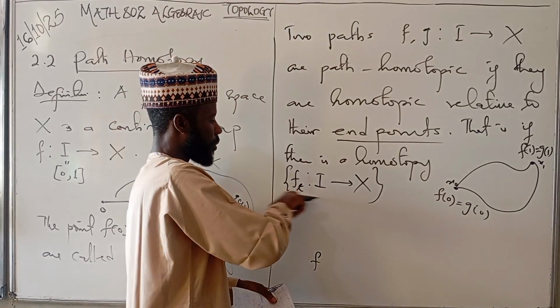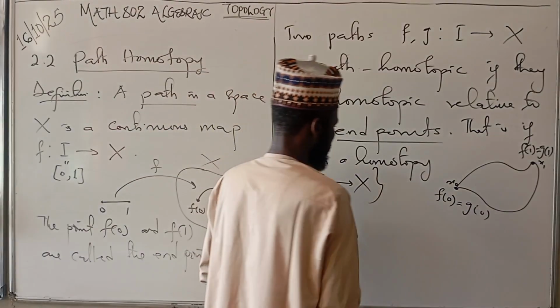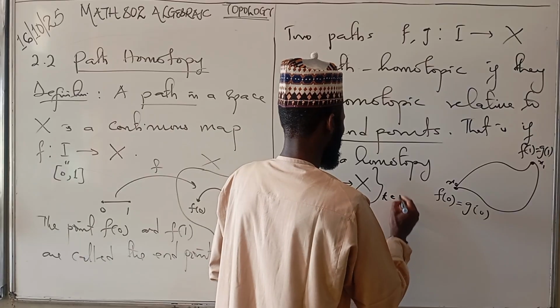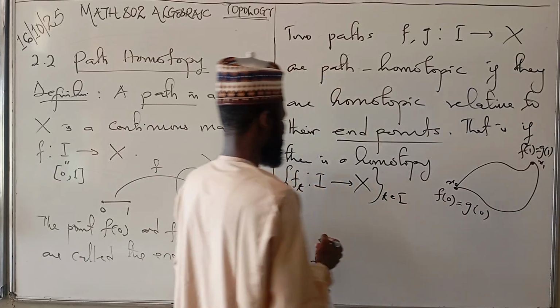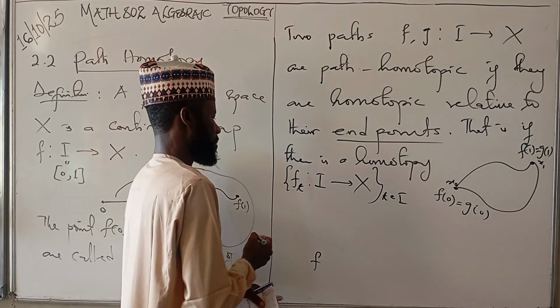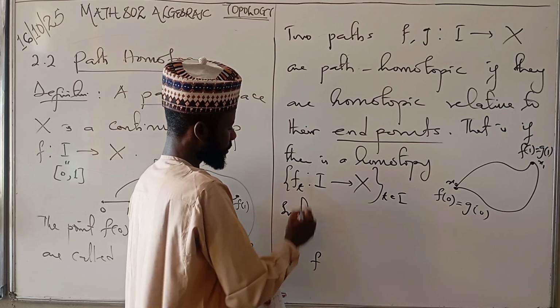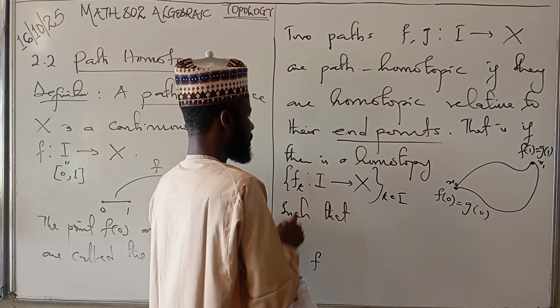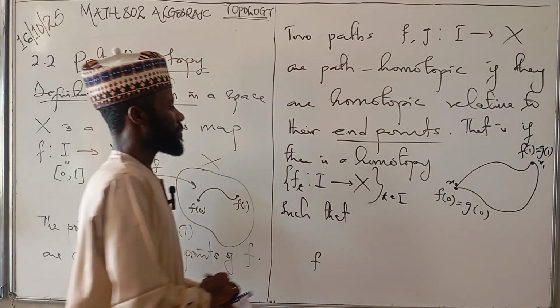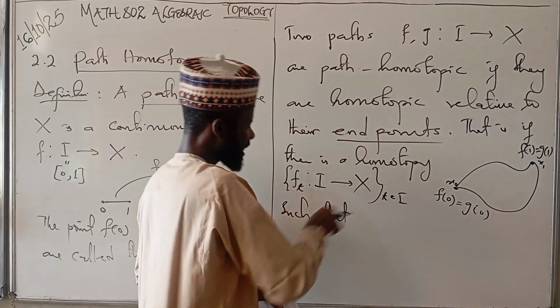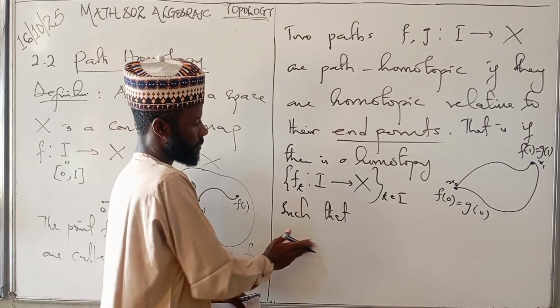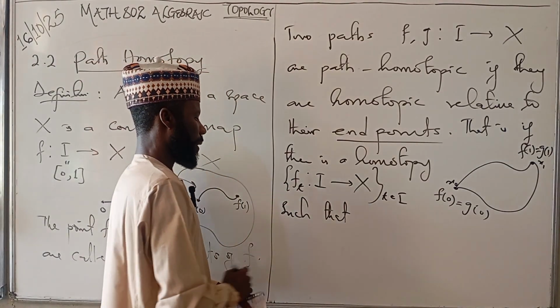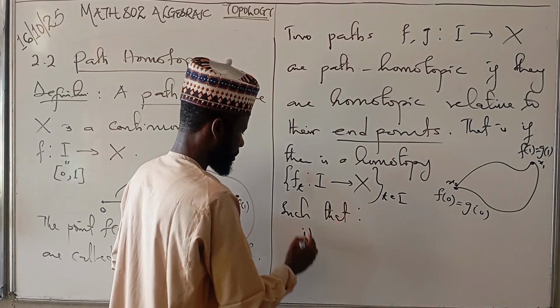So if there is a homotopy consisting of paths like this, t from the interval, such that homotopy relative to the endpoints, meaning what? Two conditions.